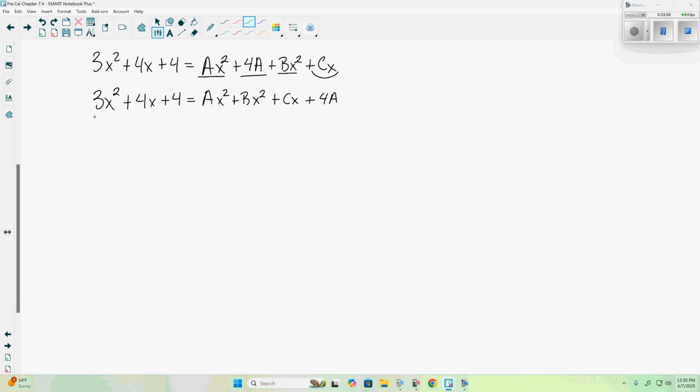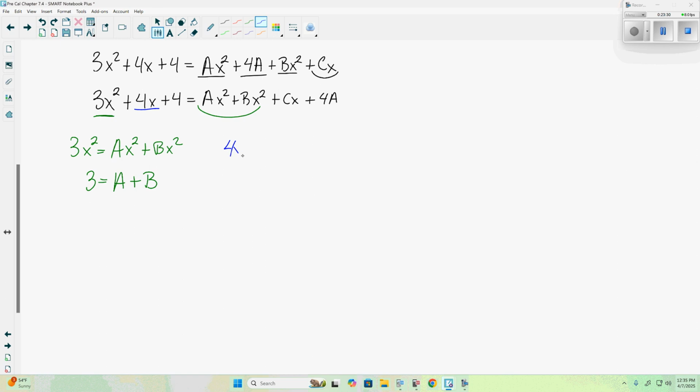Well, our 3x squared, we should get it from our ax squared plus bx squared. So we could say 3x squared is equal to ax squared plus bx squared. Or really that 3 is equal to a plus b. Our next one's 4x.